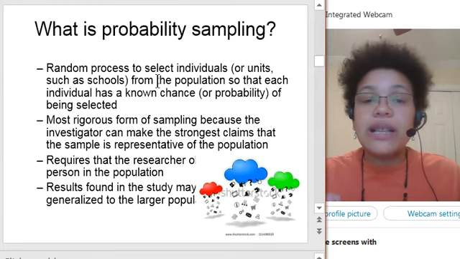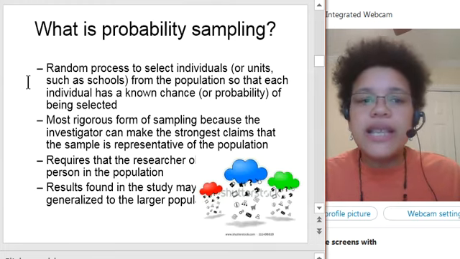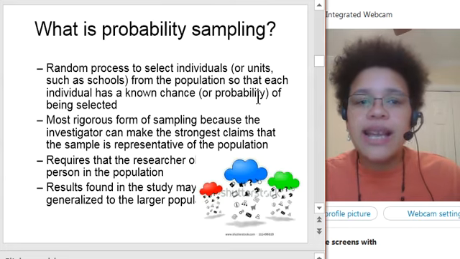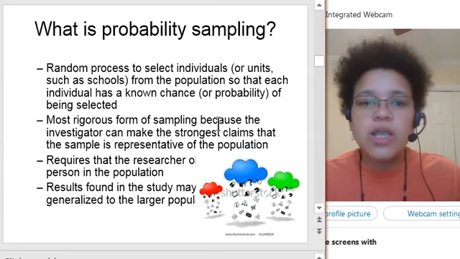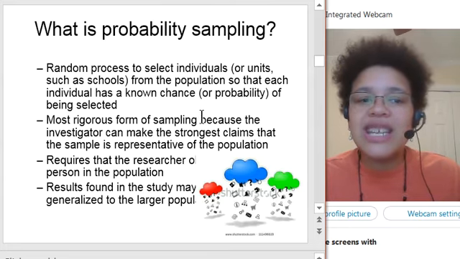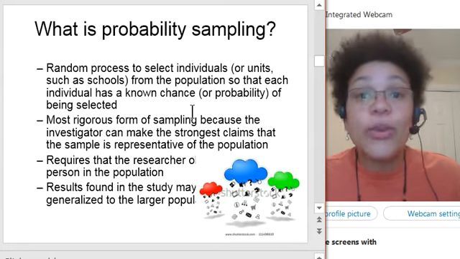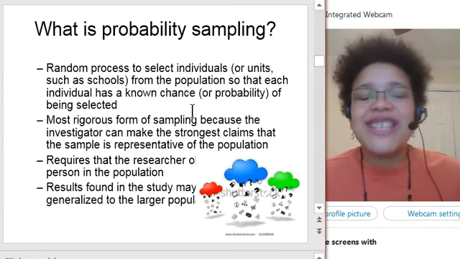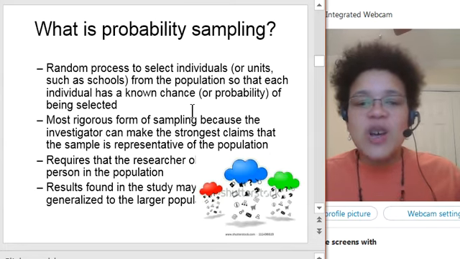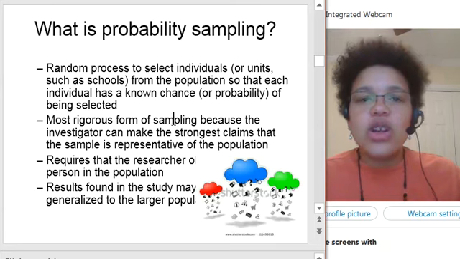Probability sampling is a random process to select individuals or units, such as schools, from the population so that each individual has a known chance or probability of being selected. So you'll know what the chances are of an individual being selected.